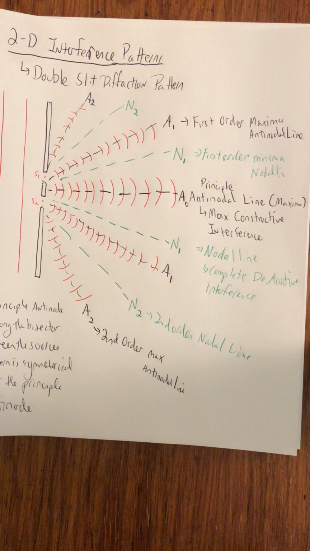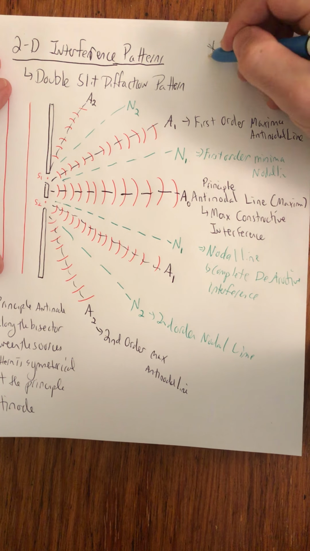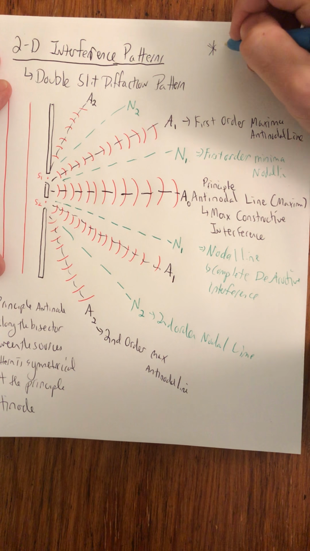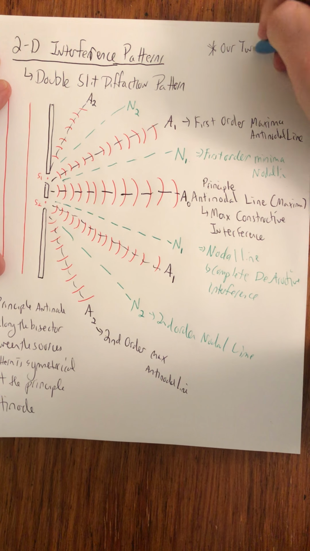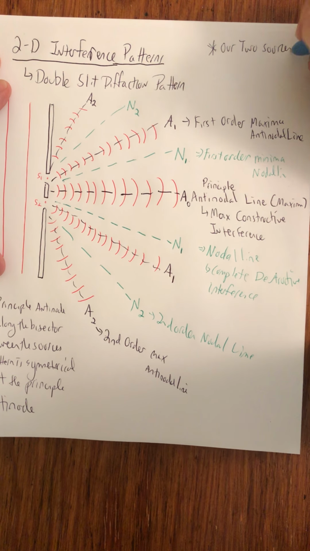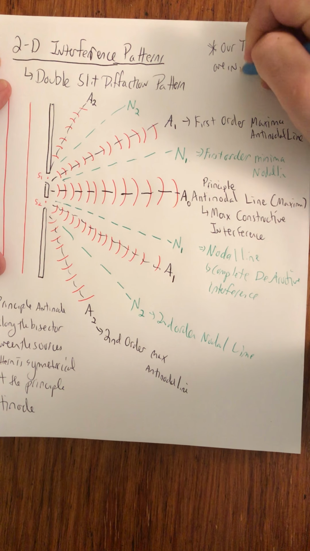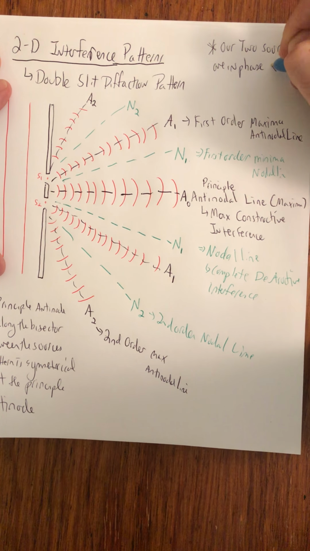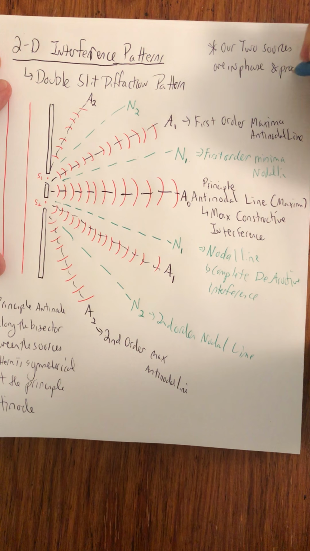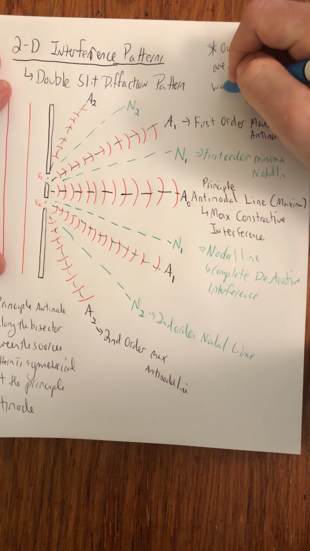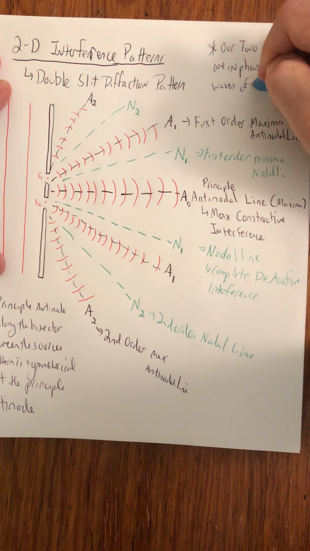Okay? So why is that true? A couple of caveats here. We will note that our two sources are in phase with each other and produce waves of equal wavelength, right?